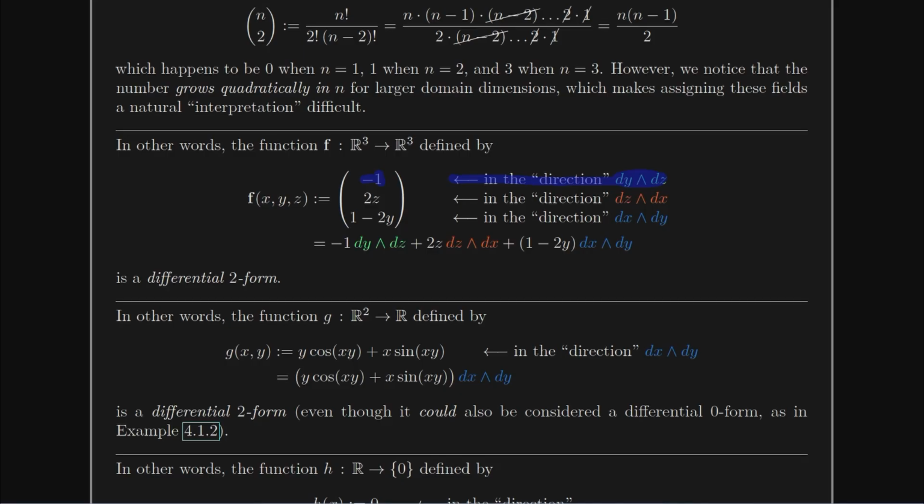So I've just chosen that the first entry in my vector should be the coefficient of the 2 form dy wedge dz. The second entry I'm going to say is the coefficient of dz wedge dx. And the third I'm using as the coefficient of dx wedge dy. Now I again want to let you know that this does not really have meaning yet. It's going to feel like an arbitrary choice I made because I haven't ascribed any meaning to anything.